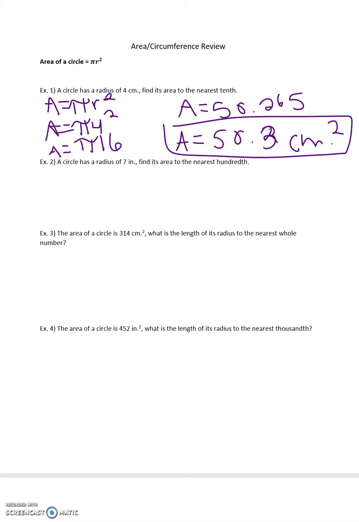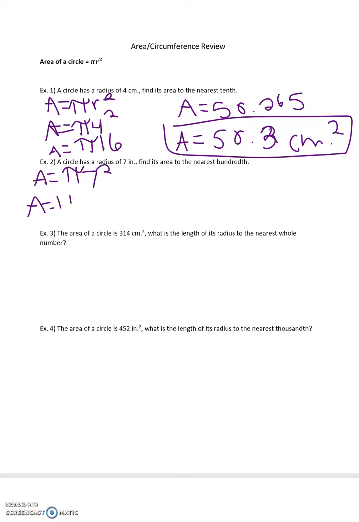Okay. So, did the first example if you wanted to. Now would be a time to pause the video and try the second example, so go ahead and do that. Okay, so second example, very similar to the first. Pi times 7 squared. 7 is our radius.